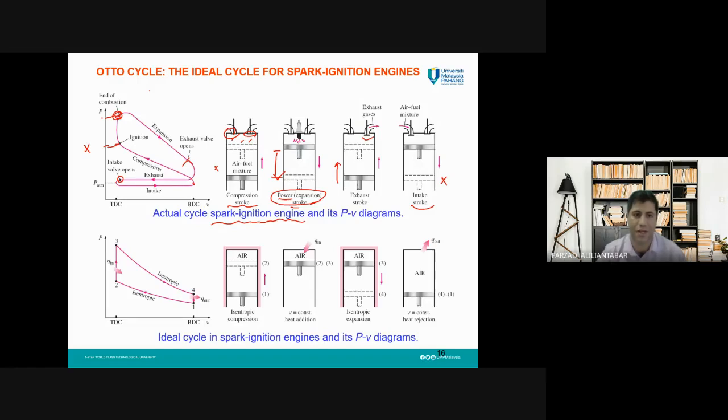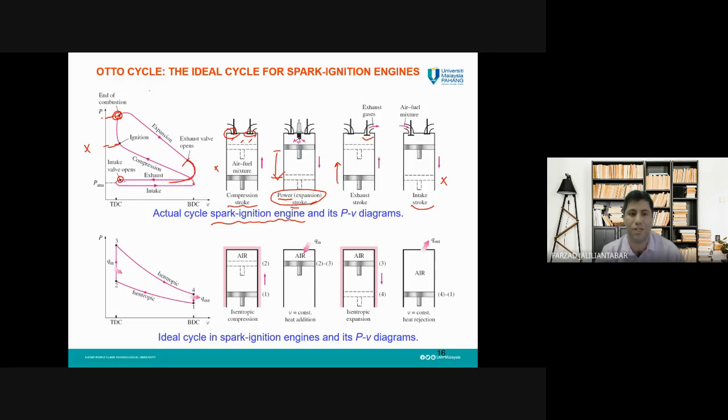You can see here the pressure continues to reduce inside the cylinder, and when the exhaust valve opens and the piston is going up, pressure is almost constant from this point to this state, because without any resistance, the gas can go out from the cylinder.